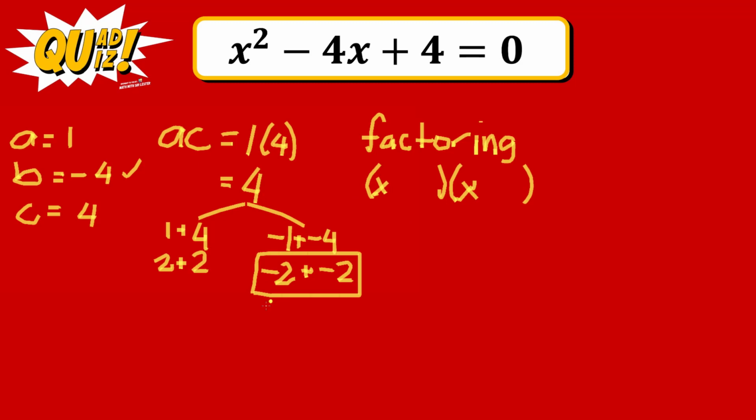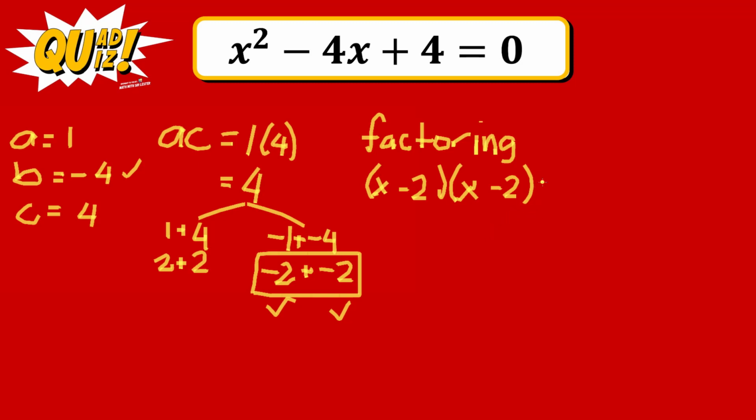And let's pair them with the coefficients used to solve for AC, and when added will result to b. So this is minus 2 and this is minus 2. Notice here that the two factors are of the same quantity. This is an implication that our quadratic trinomial is a perfect square trinomial, and whenever we have a perfect square trinomial, we only have one specific root.